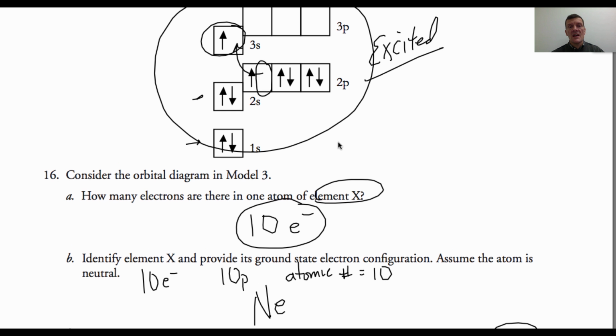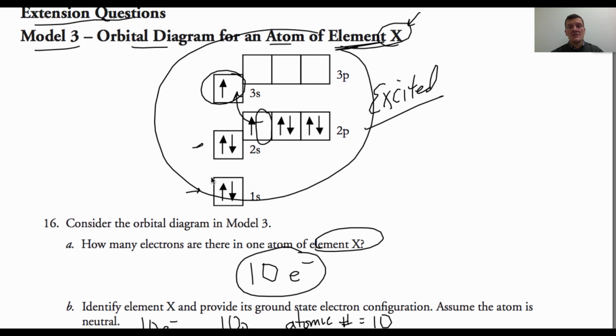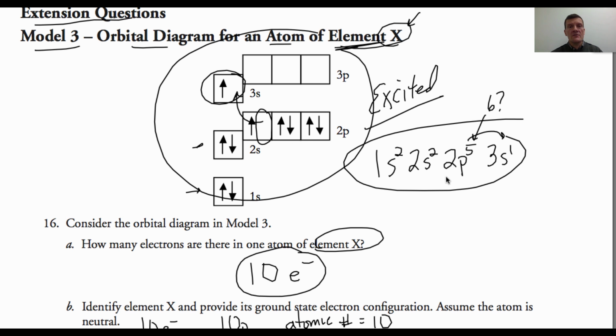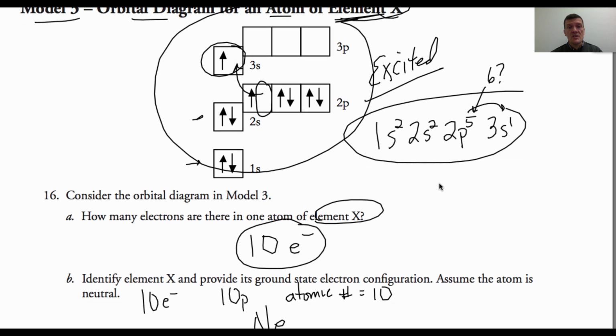You would also see that if I was to write this configuration, 1s2, 2s2, 2p5, and then a 3s1, you should notice, hey, usually that fills up with 6. What's going on here? If this is 5 and this is 1, that means that electron moved up and there's a gap there. So you can see it either way in the diagram or the configuration. You would notice, hey, that's not a ground state situation.